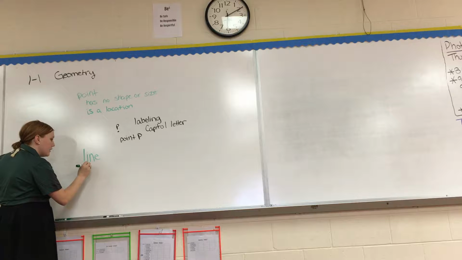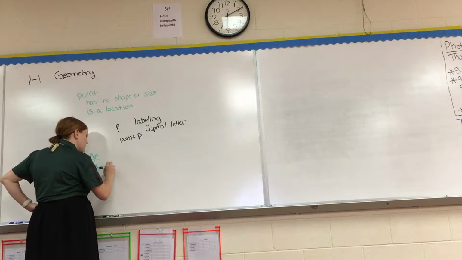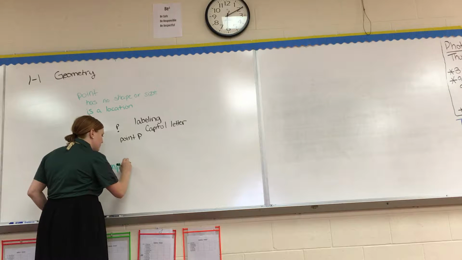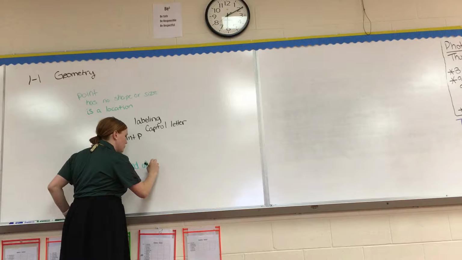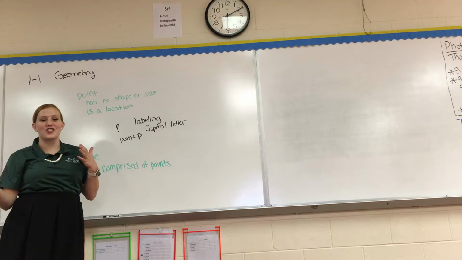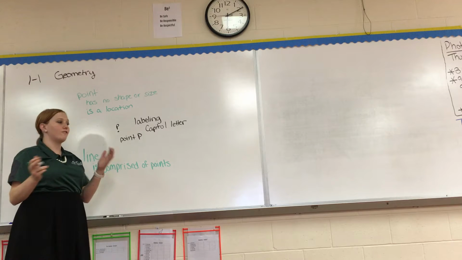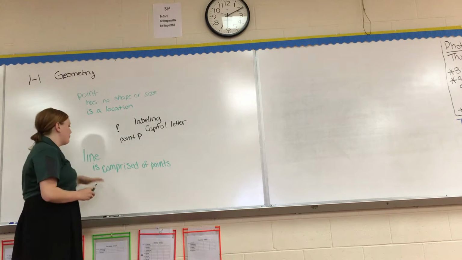A line is comprised of points. I had an art teacher explain it once to me that you're taking a dot for a walk, which means that a line has infinitely many points.